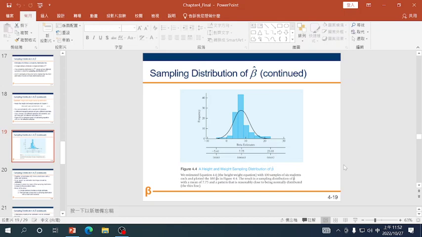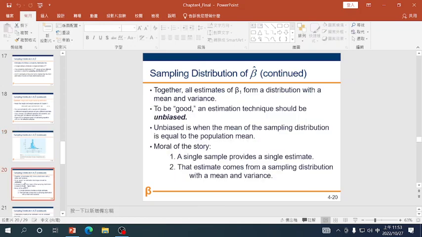Then they draw the diagrams. So in theory, when we can collect as many samples as possible, it turns out to be the distribution of the beta hat. And there are some properties.